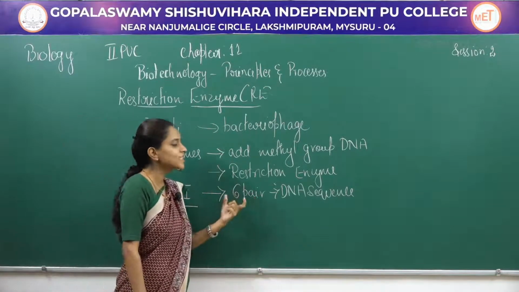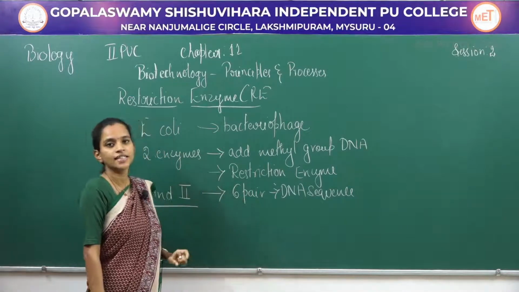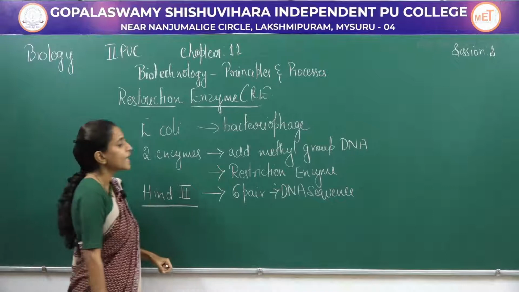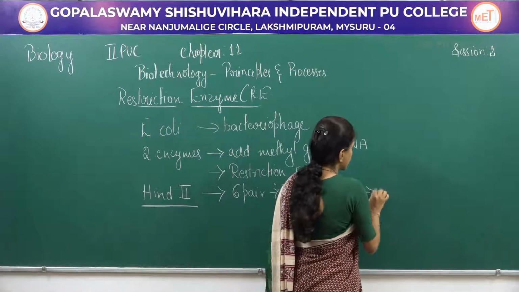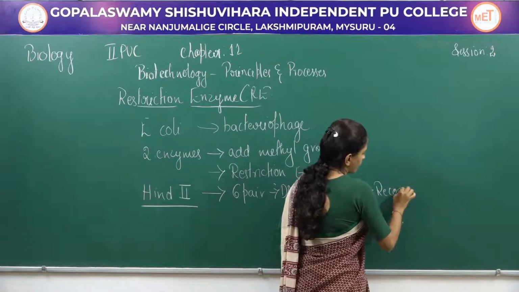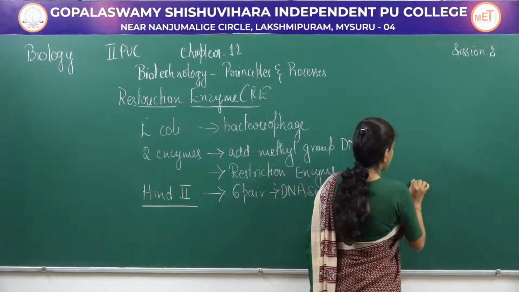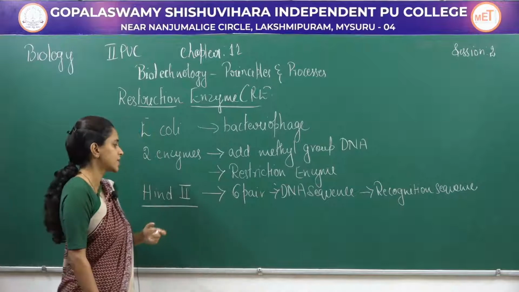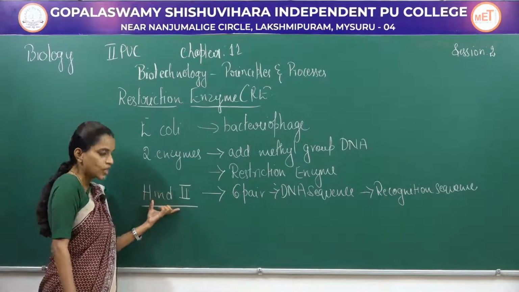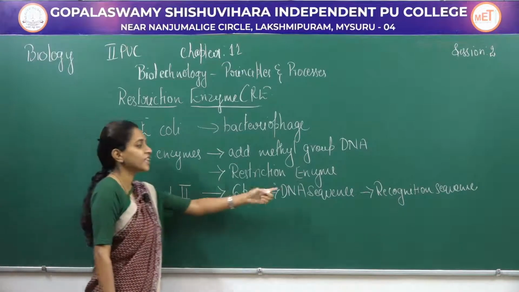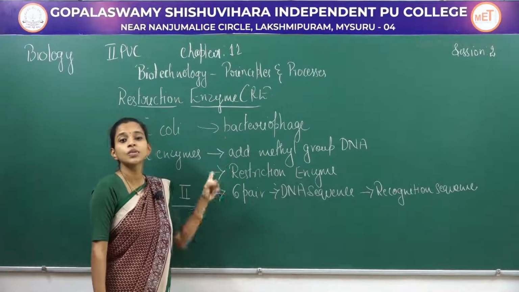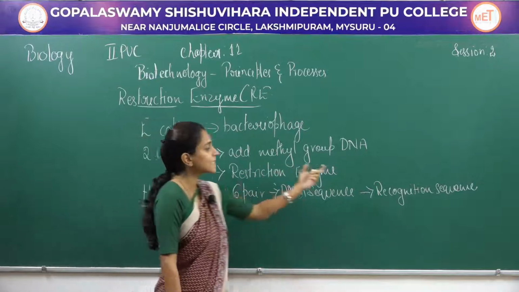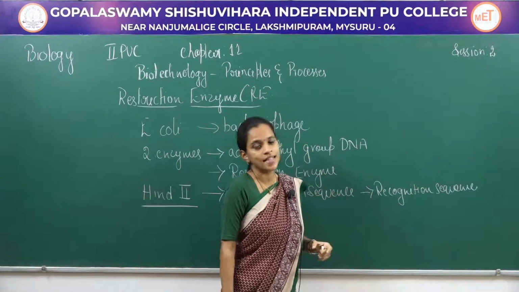Now this 6 pair or a particular DNA sequence which is very much specific for this restriction enzyme is called recognition sequence. Hind2 requires a specific DNA sequence which includes 6 pairs of nitrogen bases or nucleotides, which is termed recognition sequence.